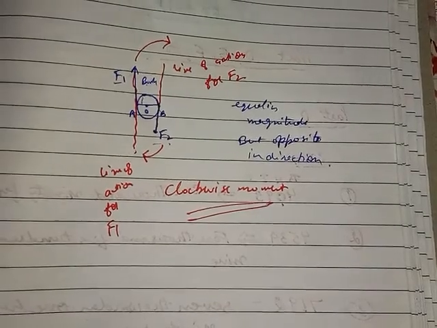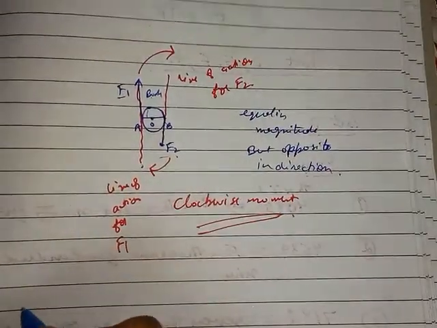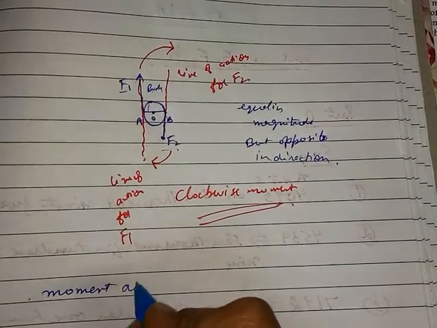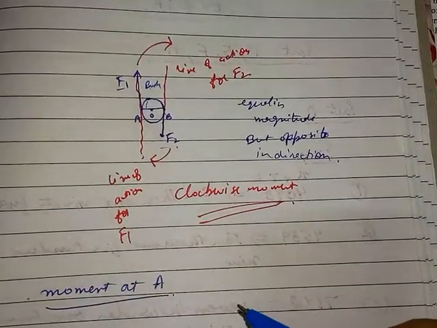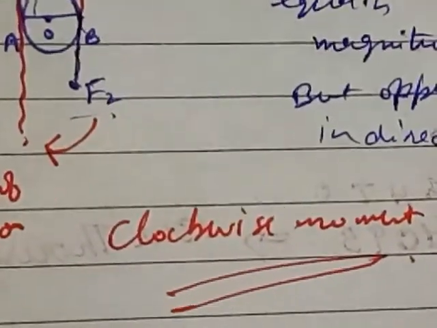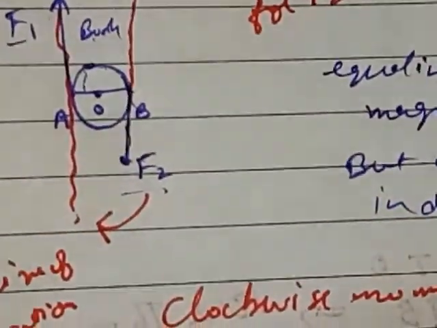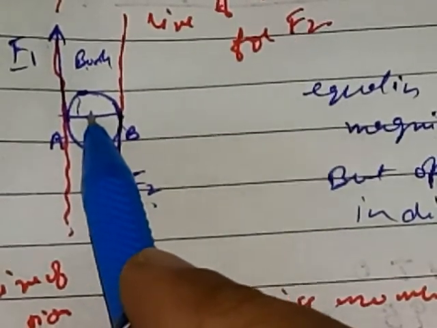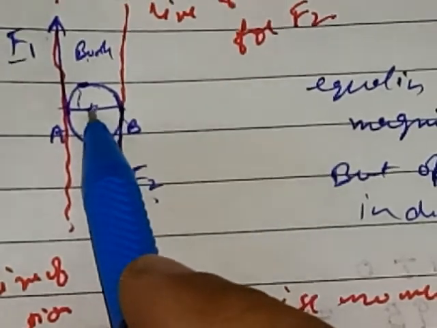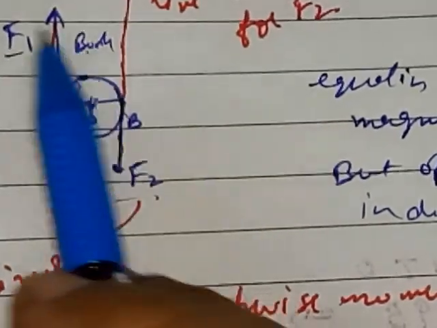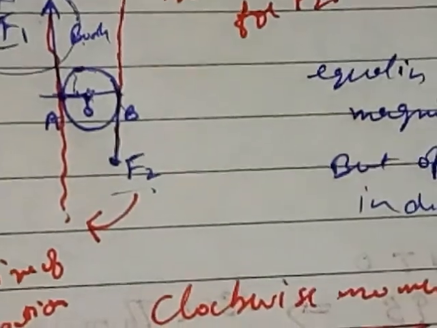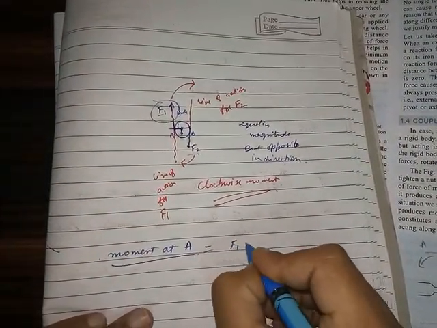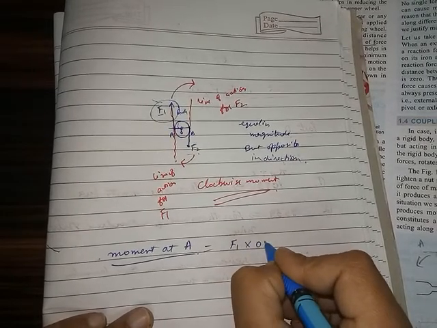First of all, moment at point A. You can see that at point A the fixed point is O. It means the perpendicular distance is OA and the force is F1. So the moment at point A is F1 multiplied by OA.